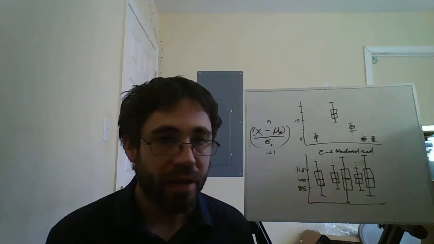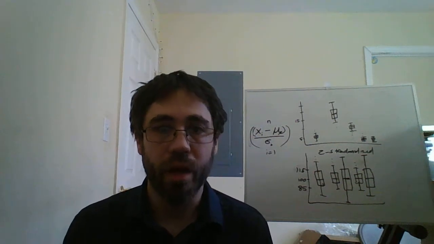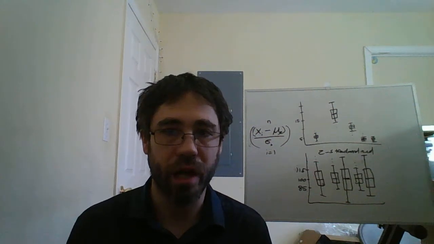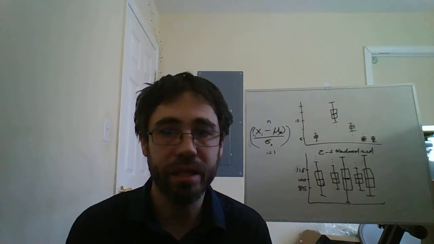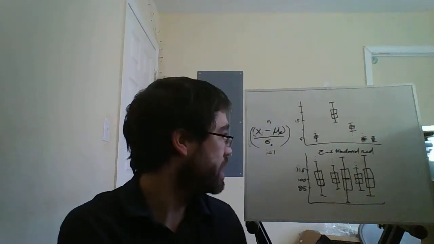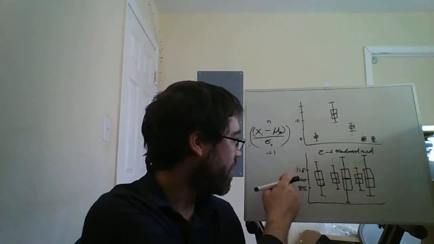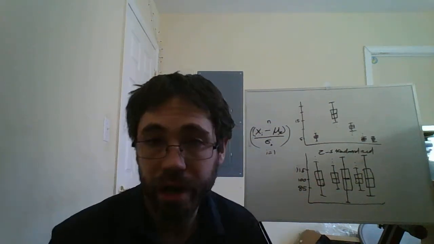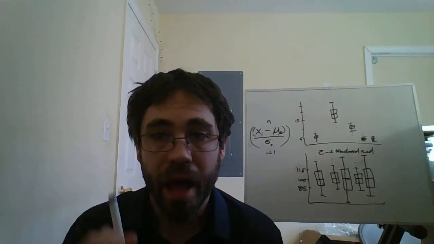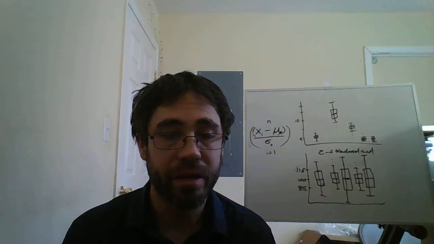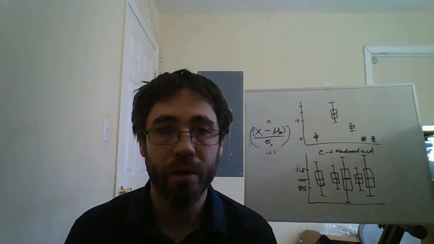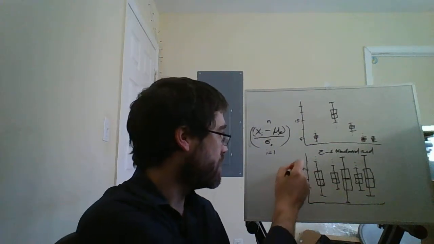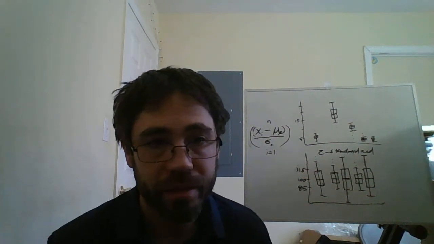To standardize to other values than 0 and 1, just do the same thing but subtract the difference between the mean and the target mean. So in this case, you would subtract out the difference between the actual mean and 100, and then divide by the standard deviation and multiply by the target standard deviation. That last step makes it so that these distances are correct.